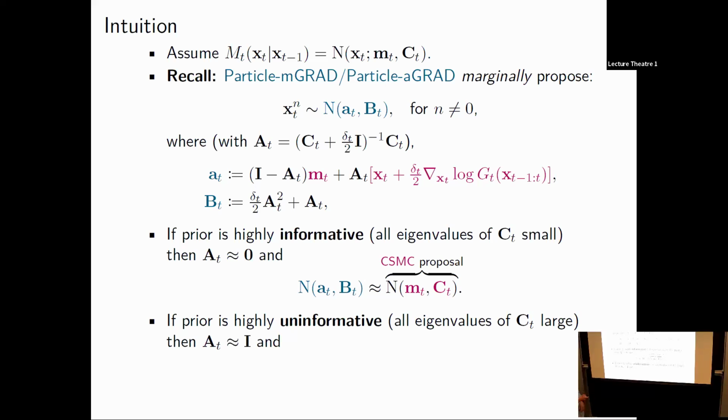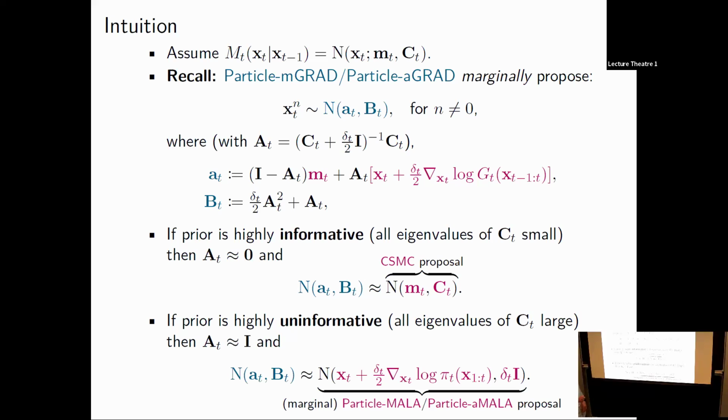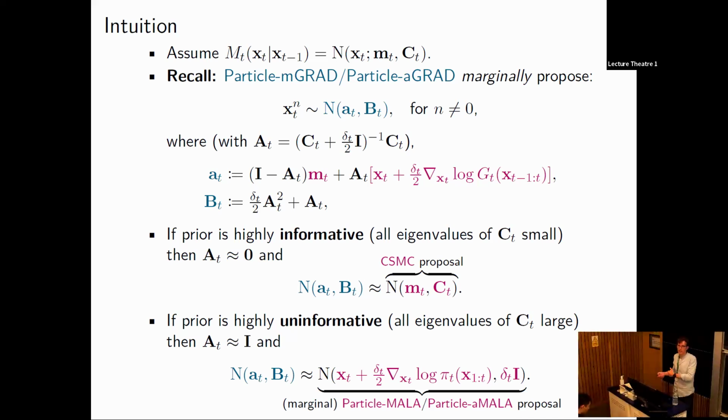And it turns out that if your prior is uninformative in this way, so if all the eigenvalues of C are large, then this proposal effectively becomes the particle Mahler proposal. So these algorithms interpolate between the conditional SMC algorithm on the one hand, if your prior is really informative, and particle Mahler and these types of methods on the other hand, if your prior is uninformative.